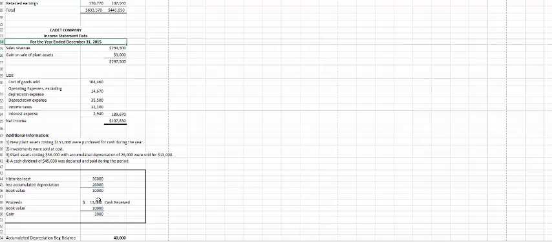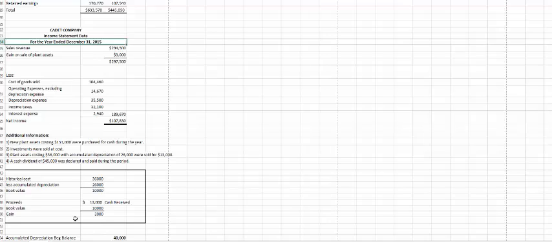The cash proceeds number literally is cash received. Therefore, that cash received is going to show up as an inflow in the investing section. However, if there is a gain or loss, the gain needs to be subtracted, and if we have a loss, we're going to add it back.